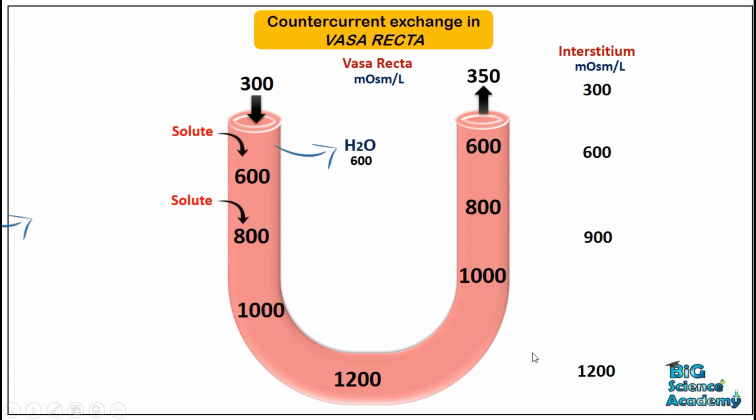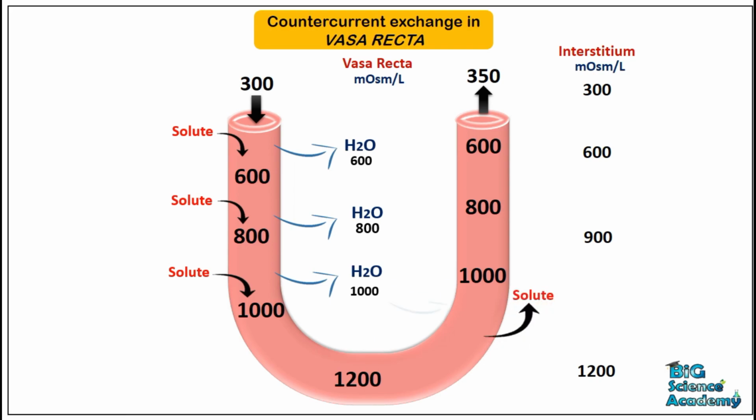When plasma flows down the descending limb of the vasa recta, it becomes more hyperconcentrated because water diffuses out of the blood and solute diffuses into the descending limb of the vasa recta, and at the bottom of the vasa recta the concentration of the blood is highest, which is 1200 osmoles per liter.